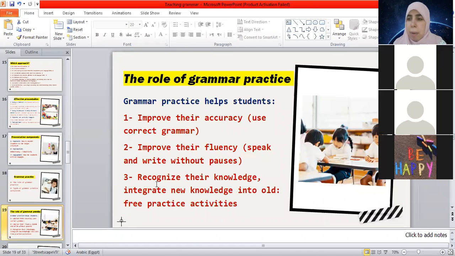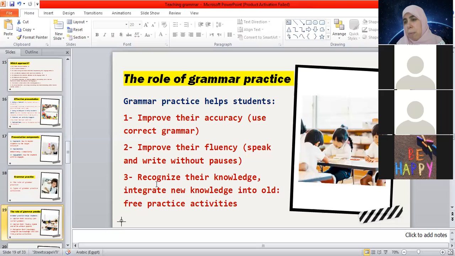Okay, and number three, to practice the grammar item, to integrate what they have already learned into the new knowledge. For example, we learned the future, will plus the main verb. So now tell me about your dreams. What do you want, for example, to be in the future?